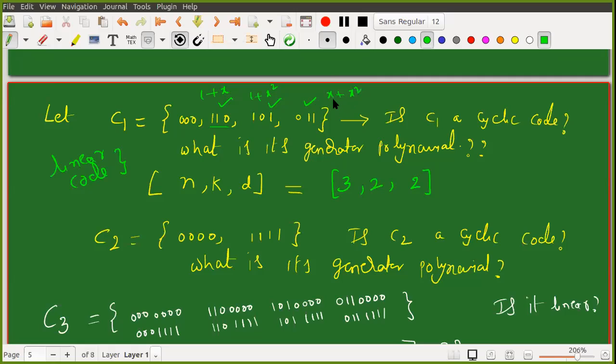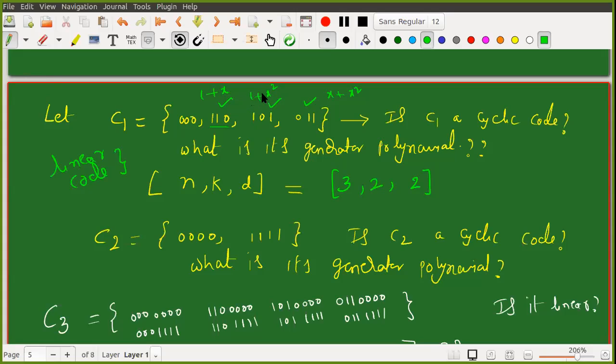So is it coming by multiplying by x? Let us see. This comes by multiplying 1 plus x by x, which gives x plus x square.